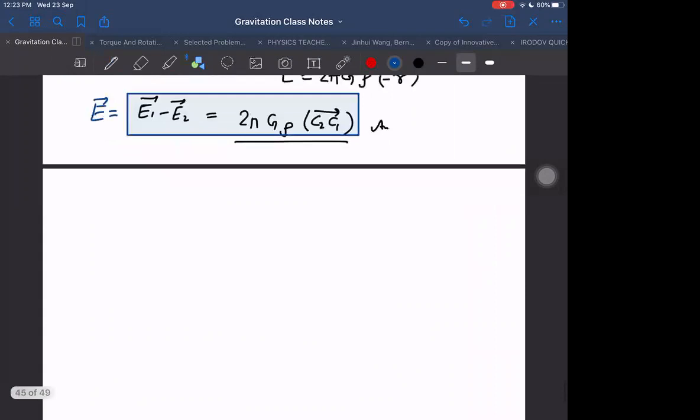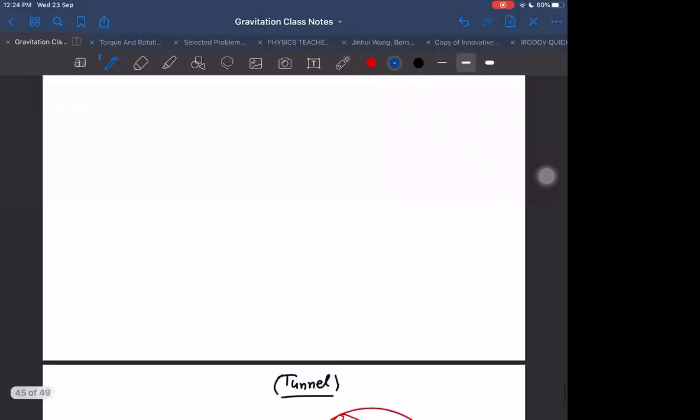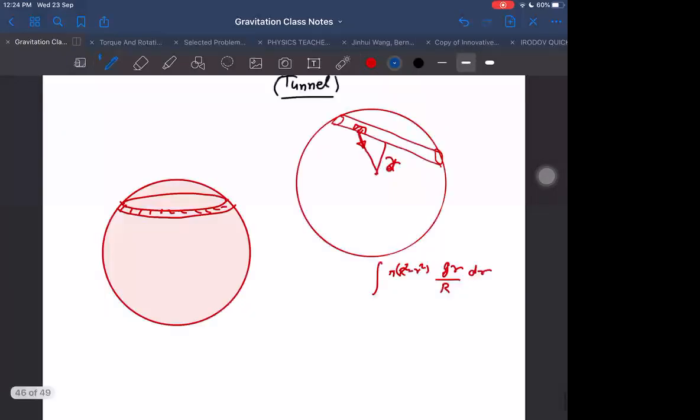All right. Next we can have, now I think I can go to that case of the tunnel. This is also like a cavity only, but this is a long and narrow cylindrical cavity.